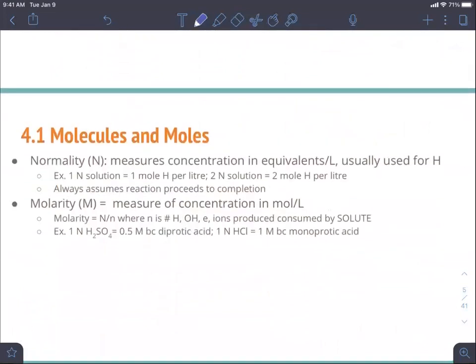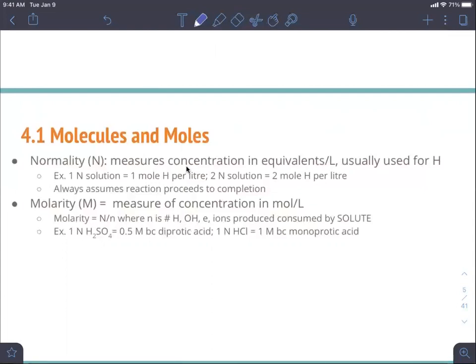Okay. So the last concept here is just on normality. Normality is basically the concentration in equivalents over liters. The difference between normality and molarity is that molarity is the complete moles of the compound, but normality is the equivalents you're measuring. So in the case of phosphoric acid, there would be 3 equivalents of hydrogen per liter.